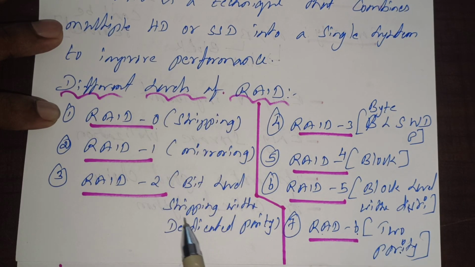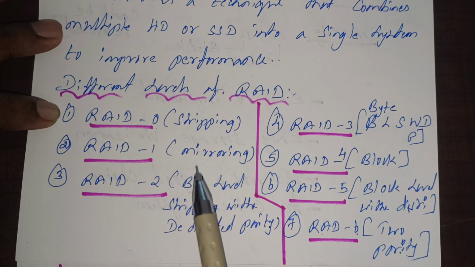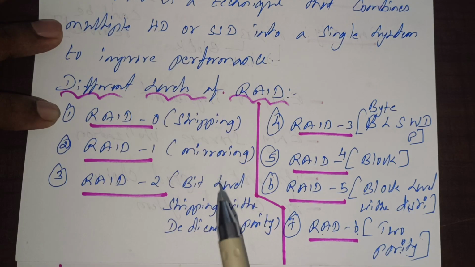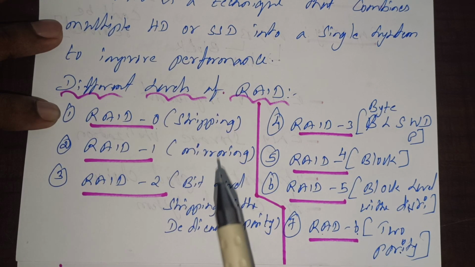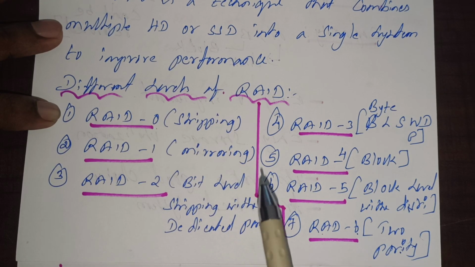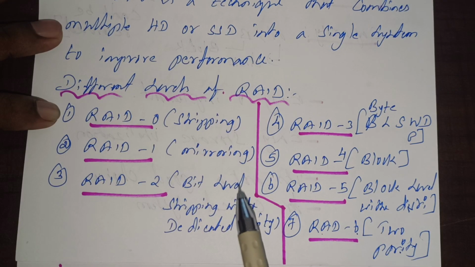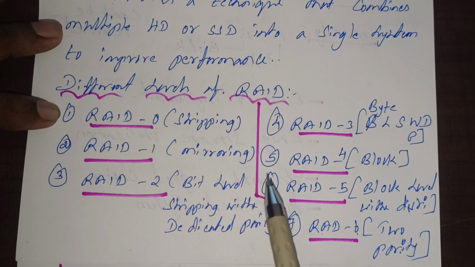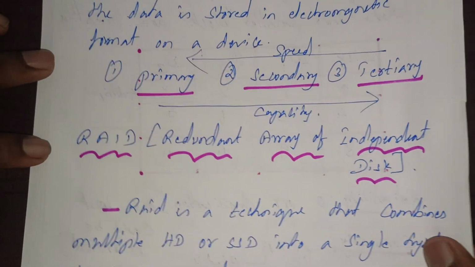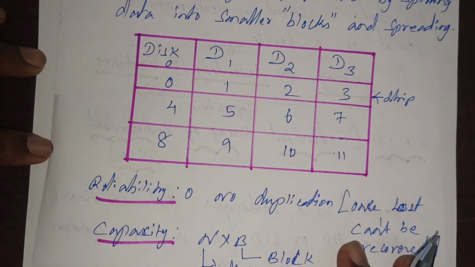Whatever separation you are seeing here, it is always focused on making them work together as one system, to improve speed and add data protection by handling drives that have failed. That is the process. Let me get directly into the types of RAID.